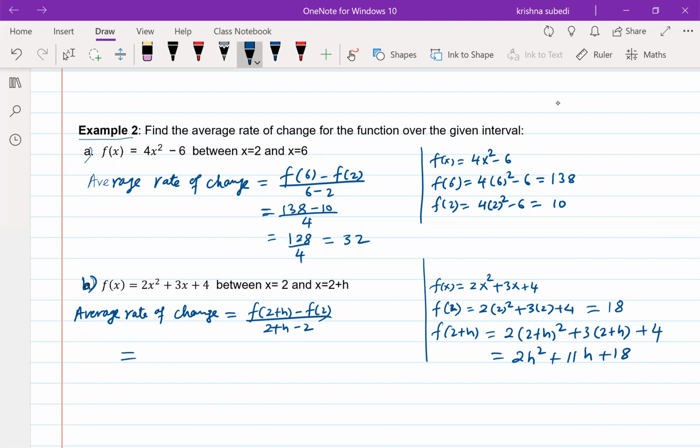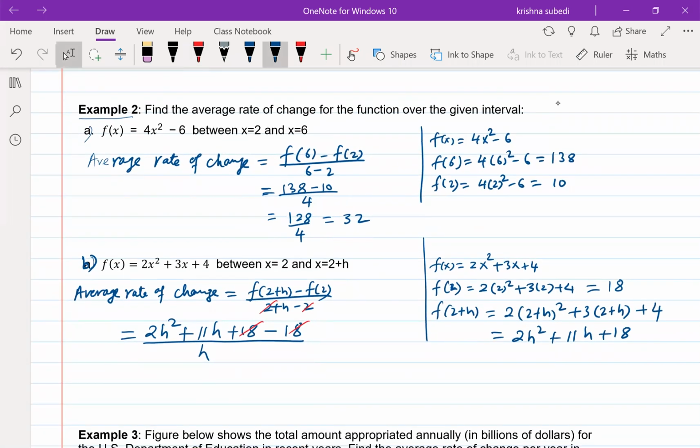So f of 2 plus h, we already calculated this value to be 2h squared plus 11h plus 18, minus f of 2 which is 18, divided by, as you can see, this 2 and 2 cancel out, you are just left with h. And you can cancel this 18 and 18 also.